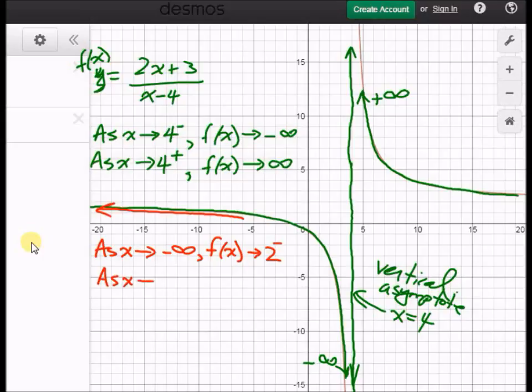As x approaches positive infinity, okay, so this direction, as it approaches positive infinity, then f of x approaches 2 again, but from the positive direction. So therefore we know we have another asymptote, a horizontal asymptote of y equals 2.